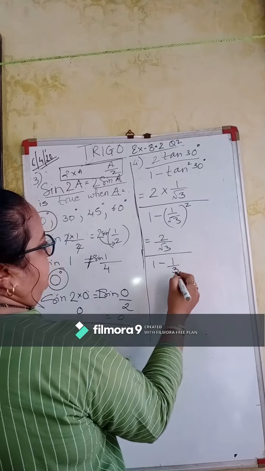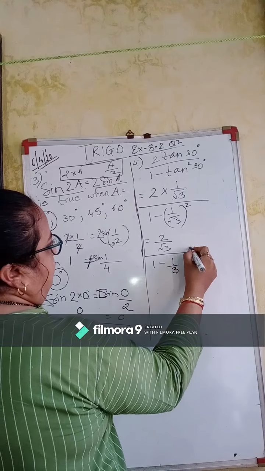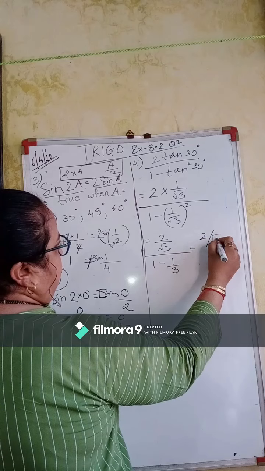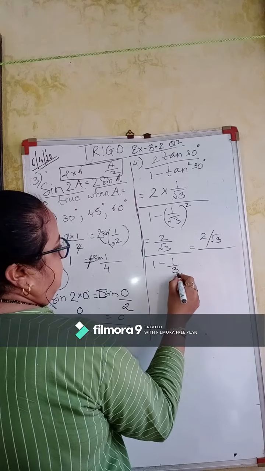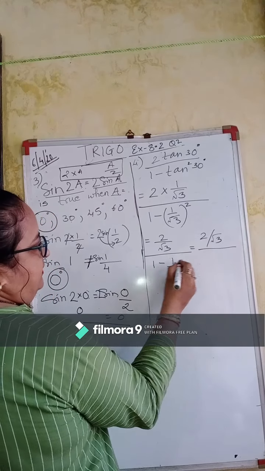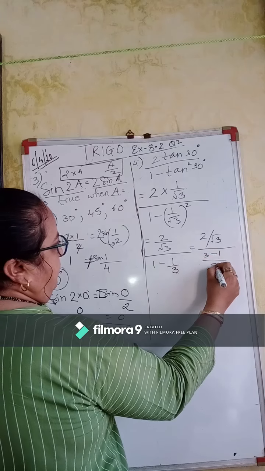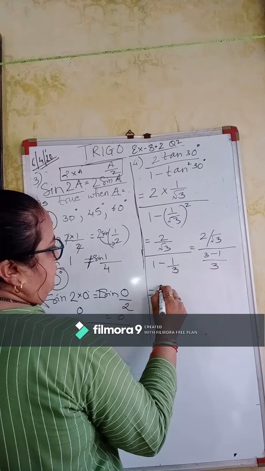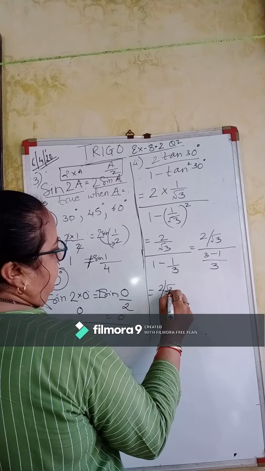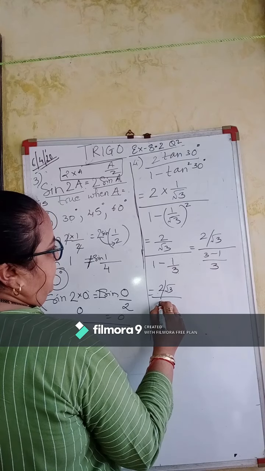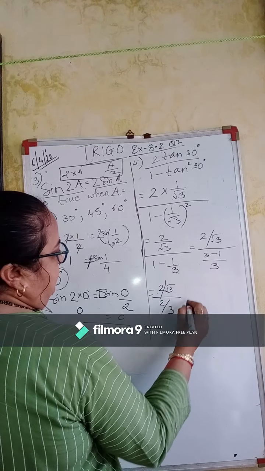Root 3 into root 3 is 3, and 1 square is 1. Again 2 by root 3 upon 3 minus 1 upon 3, that is 2 by 3.